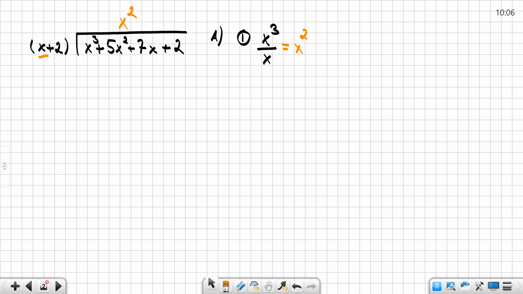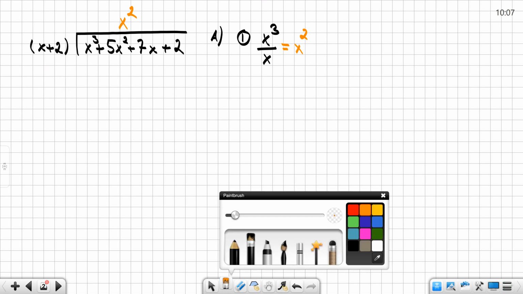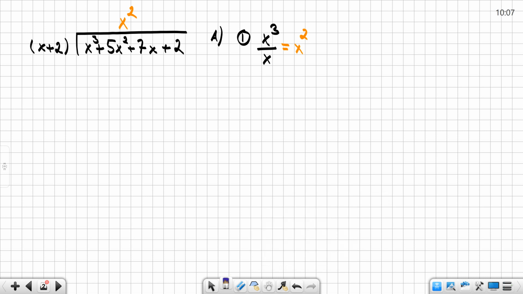So what was the step now with the numbers? Well, after this, I'm taking this and I multiply it with the whole divisor, the quotient multiplied by the divisor, and I will place it underneath here. I will put parentheses around it, and then I will subtract. Let's do exactly just that.